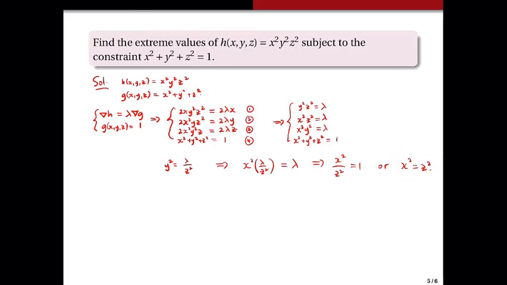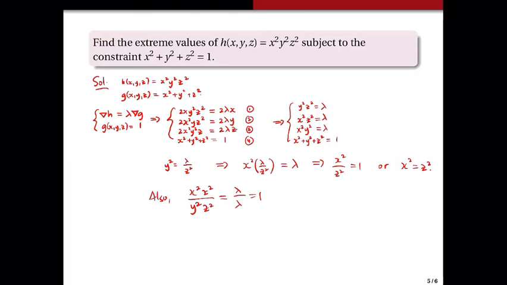And then if we use these two equations, y squared z squared equals lambda and x squared z squared also equals lambda, if I divide this by this, we have x squared z squared divided by y squared z squared, which is equal to lambda over lambda, which is 1.